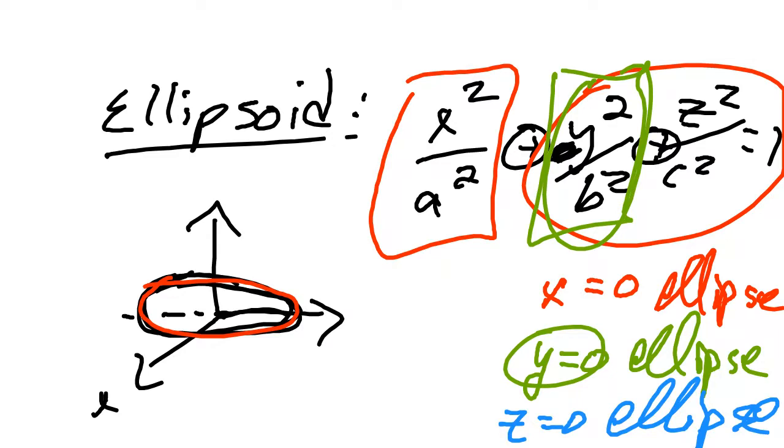If y is 0, then I'm coming out toward you underneath the bottom, and then here, so kind of through the screen. And if z equals 0, I get the table surface. Anyway, long story short, that's a really ugly looking football.